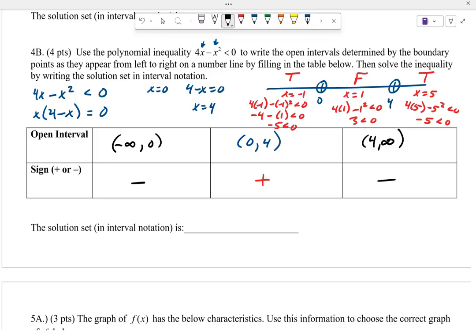So our solution set is this true part, from negative infinity up to 0, and this other part that ended up being true that spit out a negative value, from 4 to infinity. And that would be our solution set for 4b.